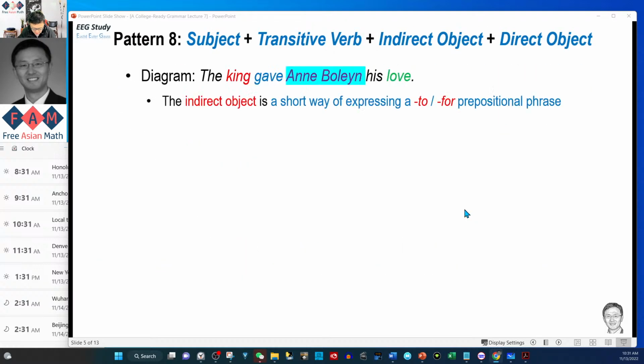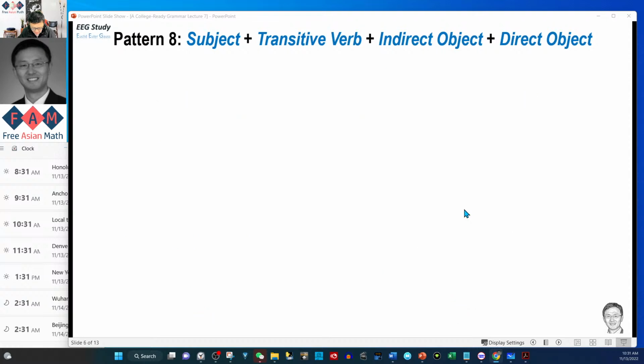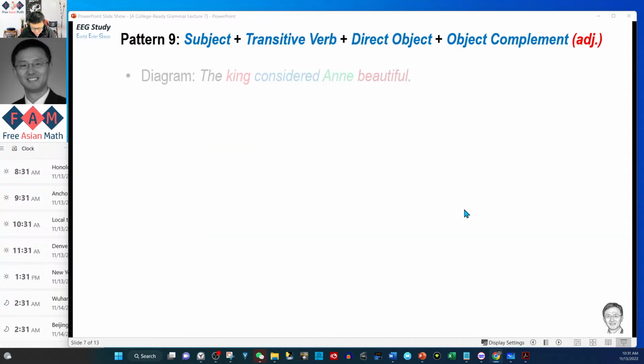So that's why we will have pattern number 9. Okay, pattern number 9, we have a subject, a transitive verb, a direct object. So far, that's just pattern number 5. Now, we add a complement to this object, just logically analogous to how we add a complement to the subject in patterns 1 and 6.